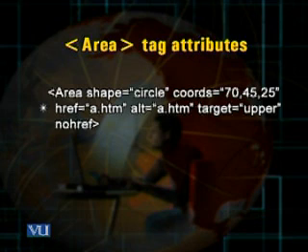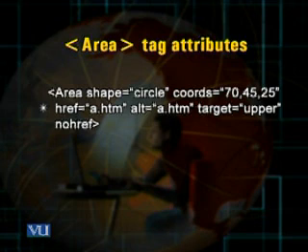This information would in fact appear on the clickable region. So the label that the circular region would have on it would state a.htm, and that would give a hint, a clue to the user that if the user clicks on this shape, he would open a file a.htm.